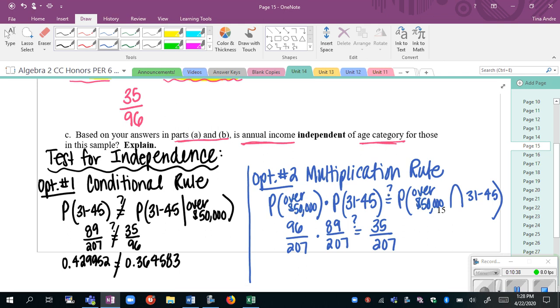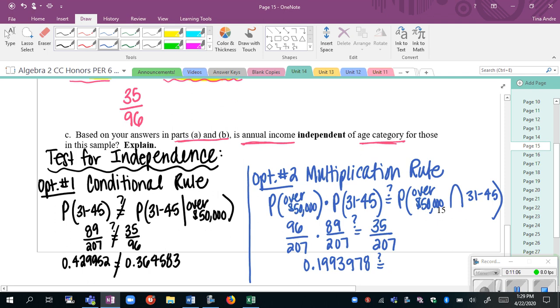Now I'm going to multiply these: 96 over 207 times 89 over 207 gives me 0.199397 with some more decimals.